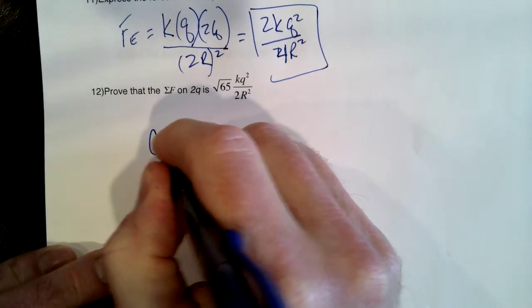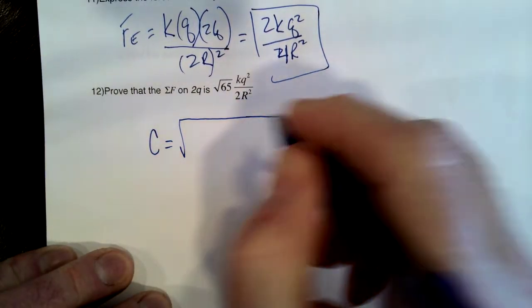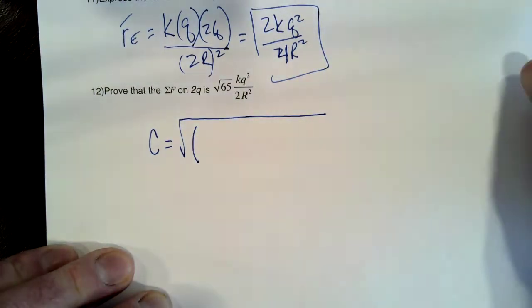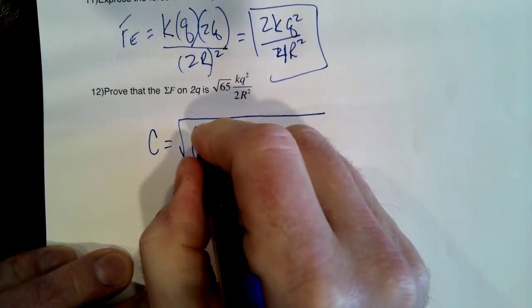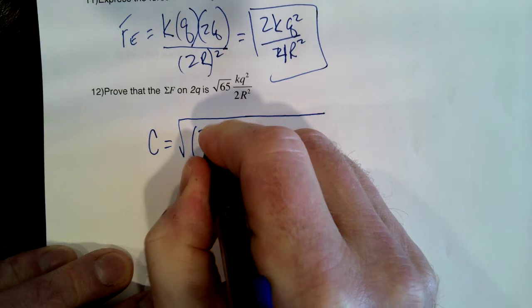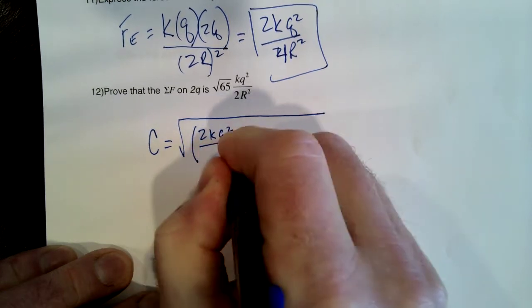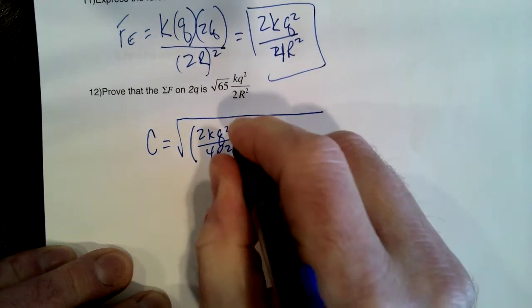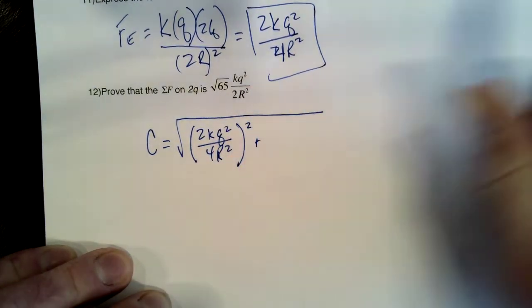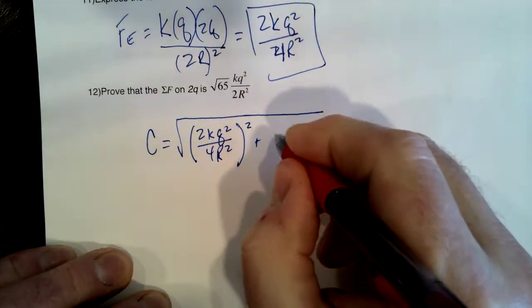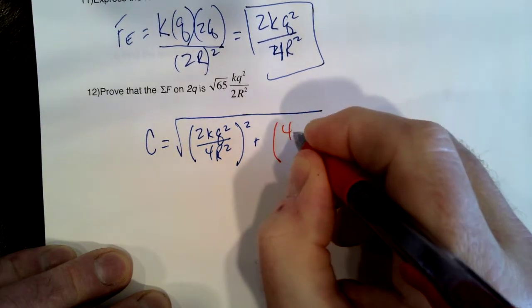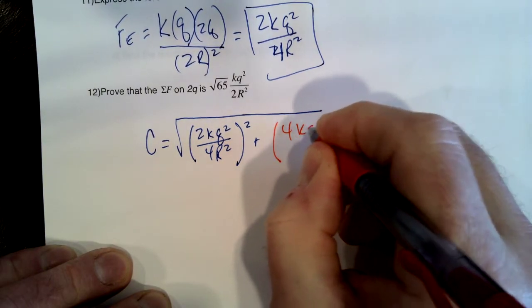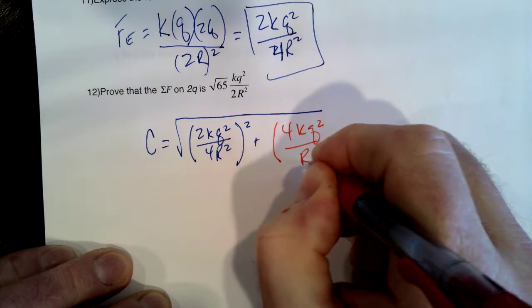So, C is going to be equal to the square root of the red guy. I'll do the blue guy first. 2KQ squared over 4R squared plus 4KQ squared over R squared.